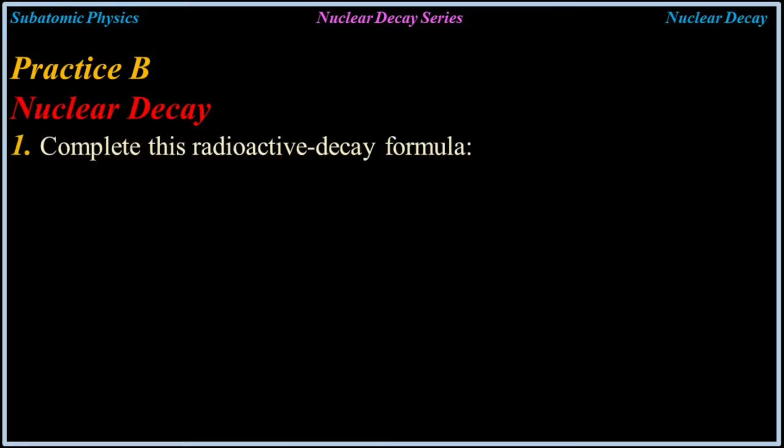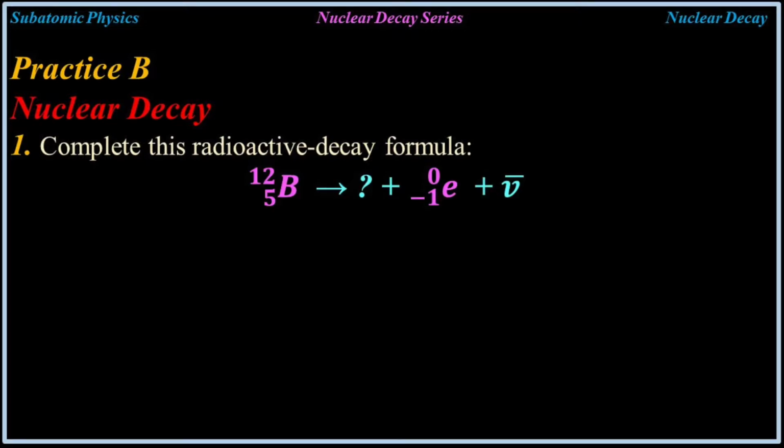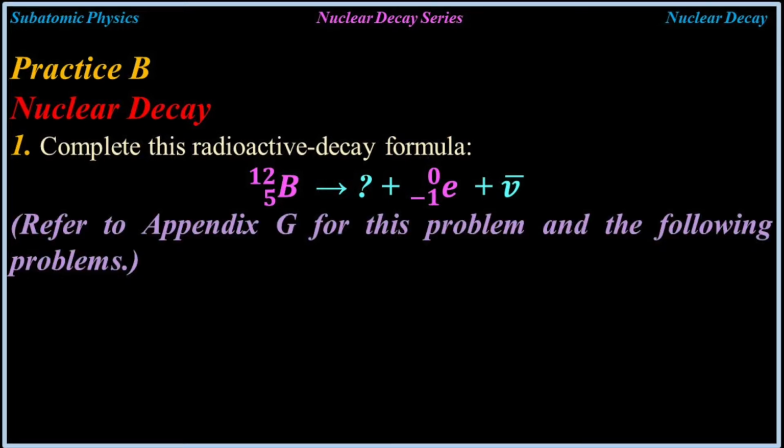Nuclear decay. Practice B. Complete this radioactive decay formula. Boron 12 yields what? You're going to have a beta decay. Refer to Appendix G for this problem and the following problems.